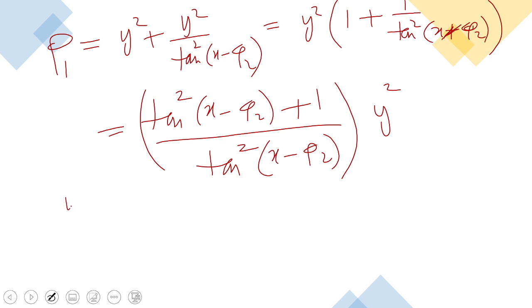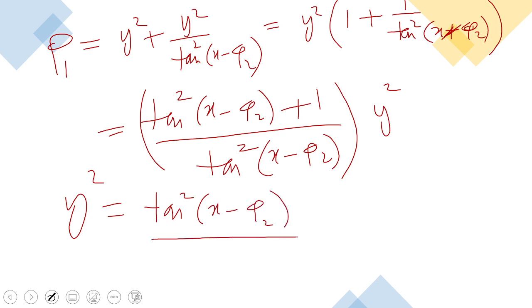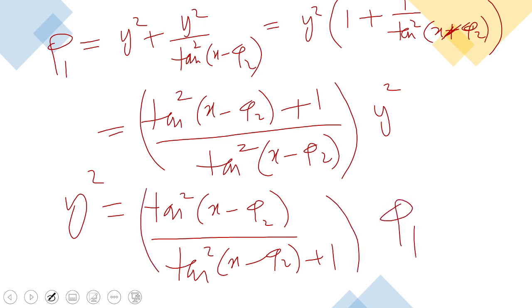So y square is tan square of x minus phi 2 over tan square of x minus phi 2 plus 1, with phi 1.